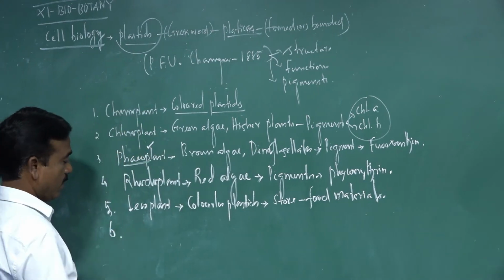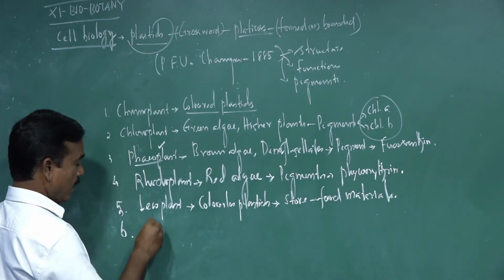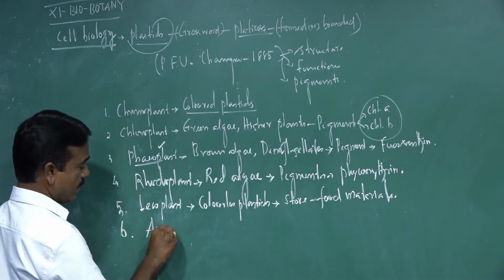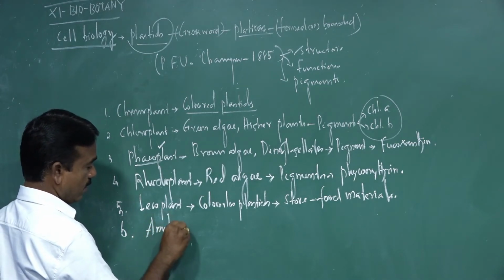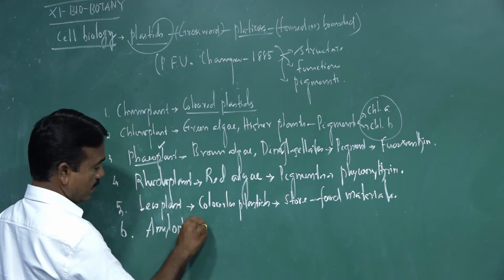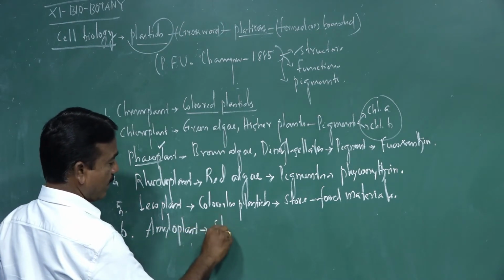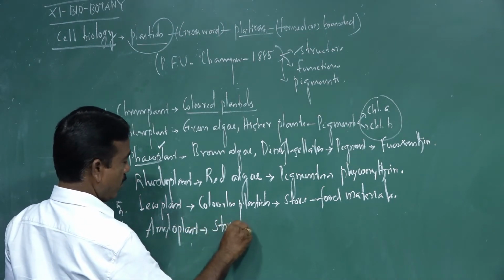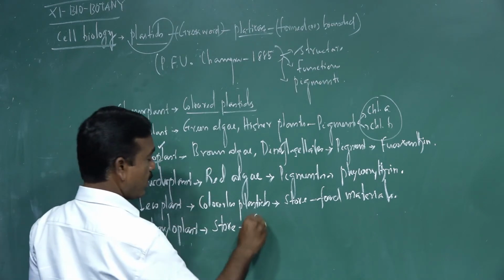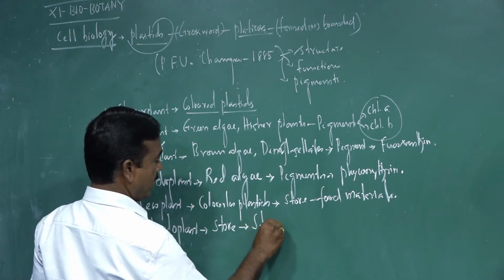Then the sixth one, amyloplast. That is responsible for storing starch material.